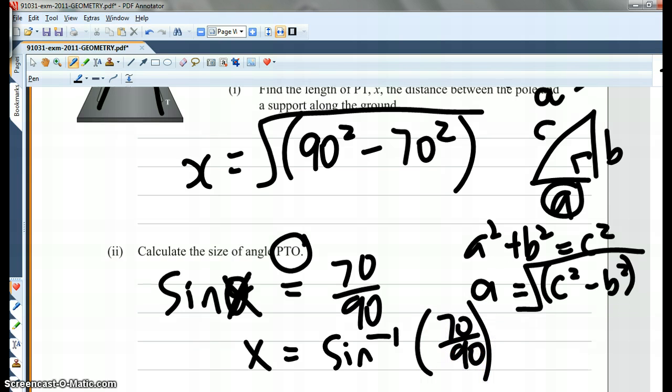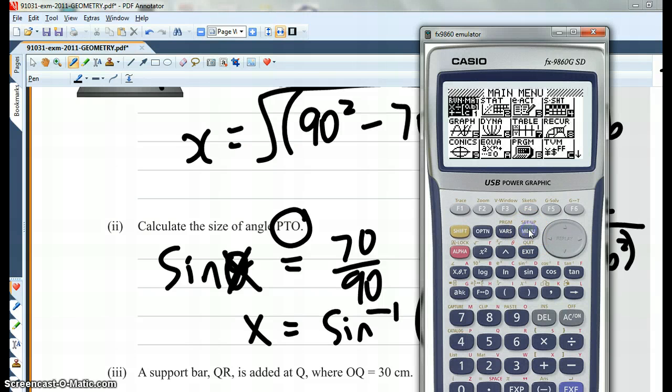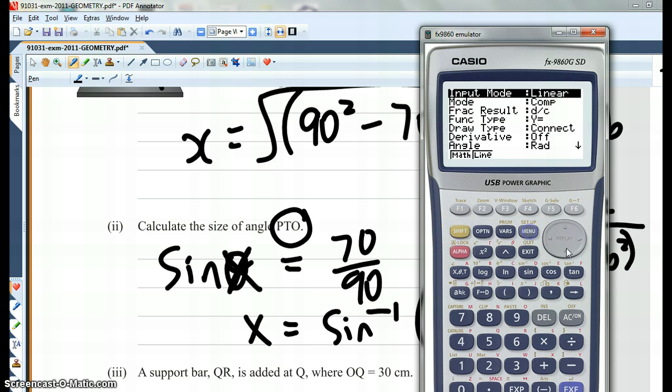Now, before you do anything there, you need to make sure that your calculator's on the right thing. I'll just show you that. Okay, so you need to go sine of 30, and it should equal 0.5. So I need to go shift set up, and I need to pop it into degrees, otherwise it's not going to work.